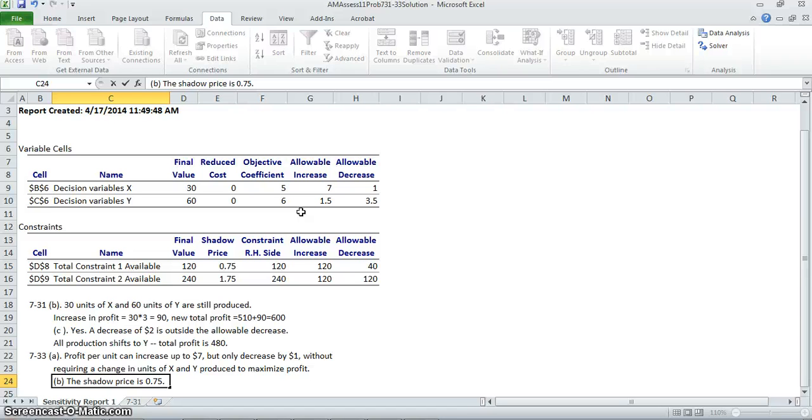So an increase of 1 unit in the right-hand side of the constraint increases profit by 75 cents. A decrease in 1 unit for the right-hand side of the constraint reduces profit by 75 cents. This is true for increases up to 120 or decreases of up to 40.